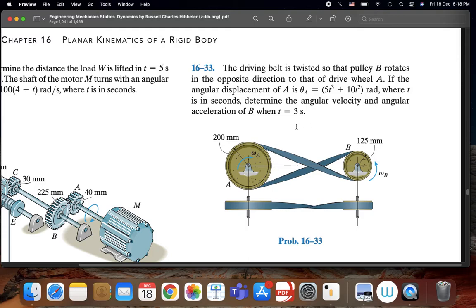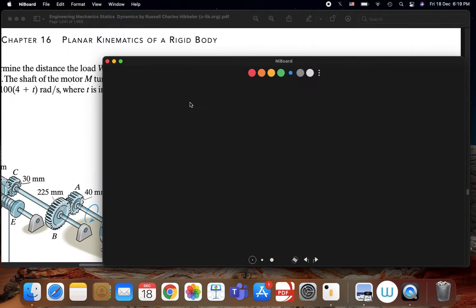We need to find the angular velocity and acceleration of pulley B. What we know is that the angular displacement is given as 5t cubed plus 10t squared only for pulley A, so we have to move from pulley A to pulley B to get our information. Let's start solving.